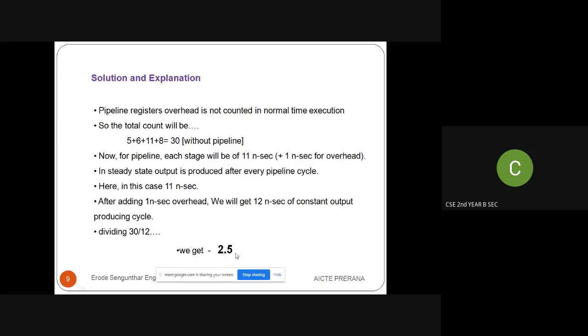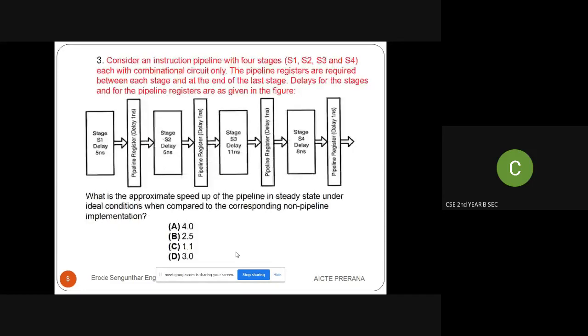So the approximate speed up between pipelined and non-pipelined process for this given instruction is 2.5. So our solution is option B, which is 2.5. Okay, so this is the third question we have discussed.